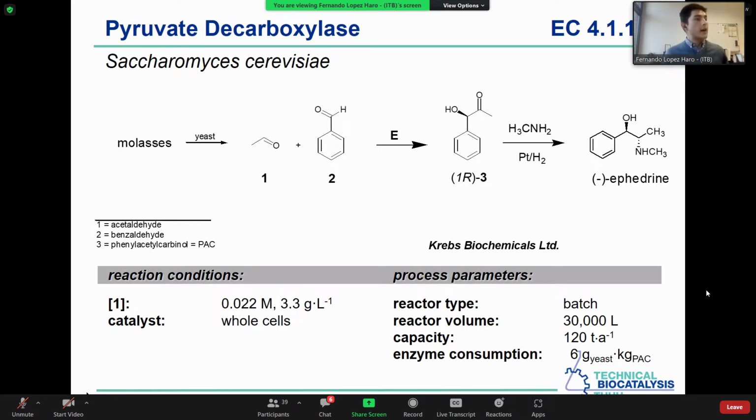Now we have another decarboxylase. As we mentioned with aspartate beta-decarboxylase, this is slightly different because in the previous one we have an enzyme that cleaves the molecule to produce CO2. In this case, we're talking about a slightly different process. So why decarboxylase?